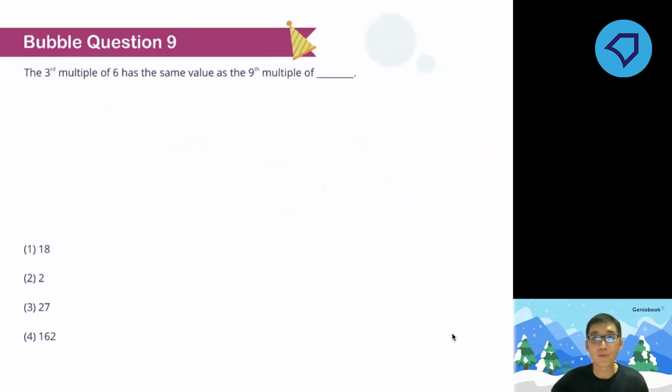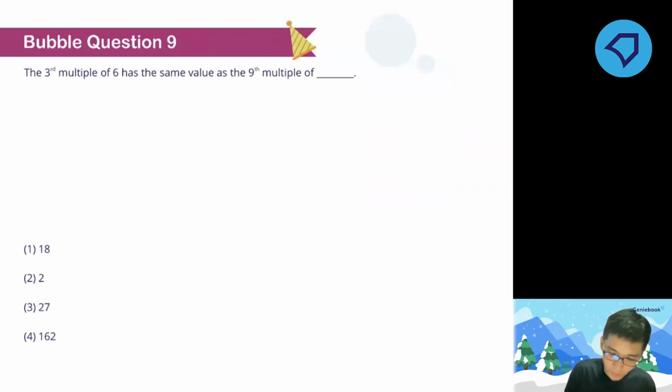Now, for this bubble question, it says the third multiple of 6 has the same value as the ninth multiple of what? Blank. Okay, let me repeat. The third multiple of 6 has the same value as the ninth multiple of blank. Okay, all understand how to do this?